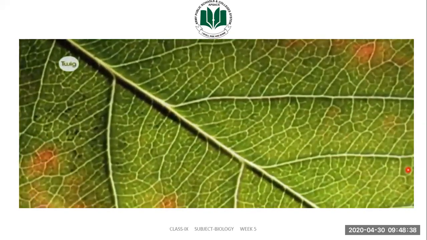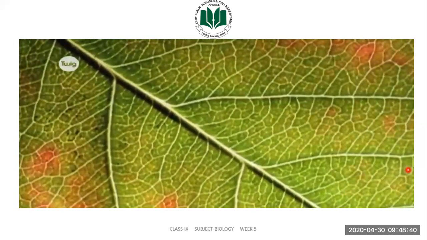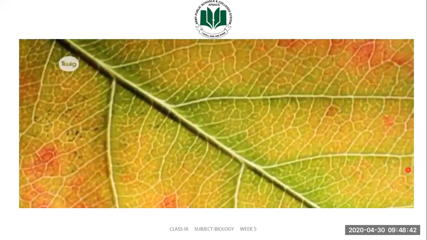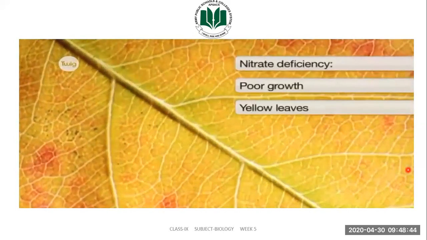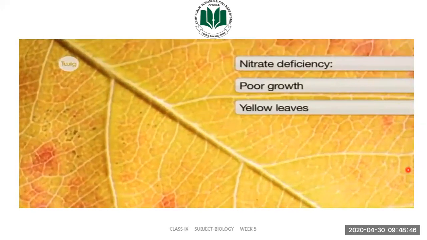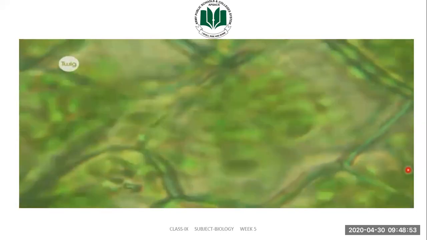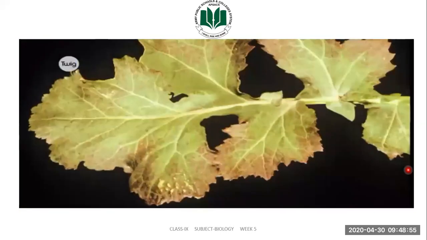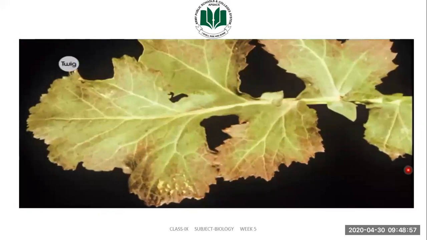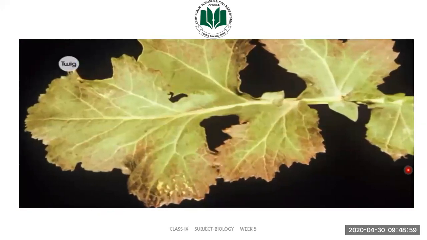So nitrate deficiency stunts plant growth and causes older leaves to turn yellow. Phosphates are needed to make the DNA and membranes of new cells. If levels are low, root growth is reduced and younger leaves are discolored.